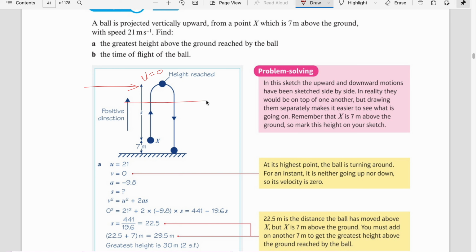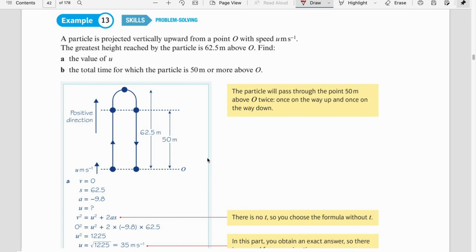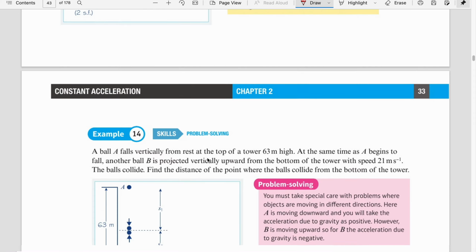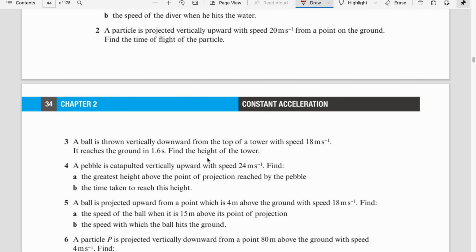Remember that at the same horizontal level the speed is always the same. For example, it has speed x here. When it comes down on the opposite side, the speed is again x. Speed y here, the speed is again y.